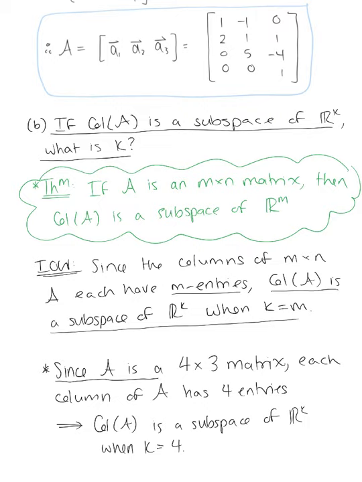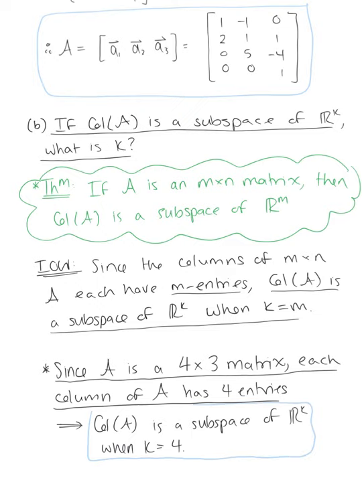So since A is a 4x3 matrix, each column of A has 4 entries, which allows us to conclude that the column space of A is a subspace of R to the K when K is 4.